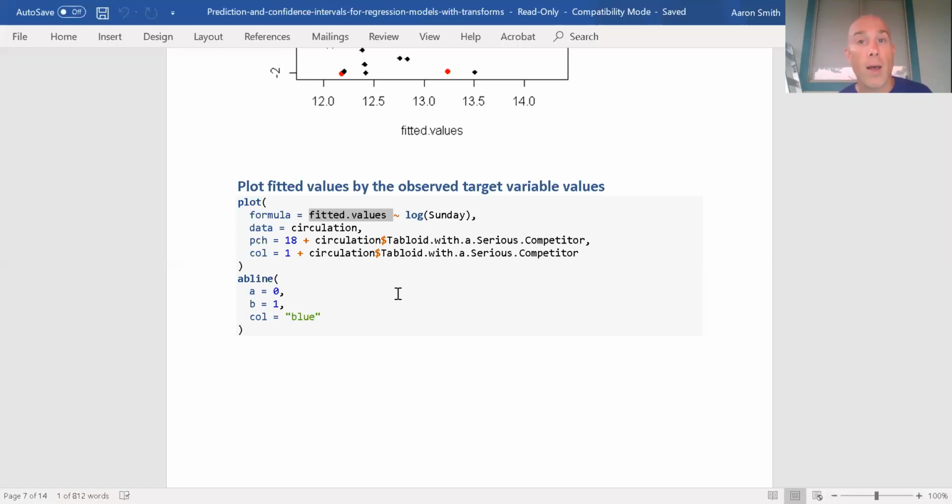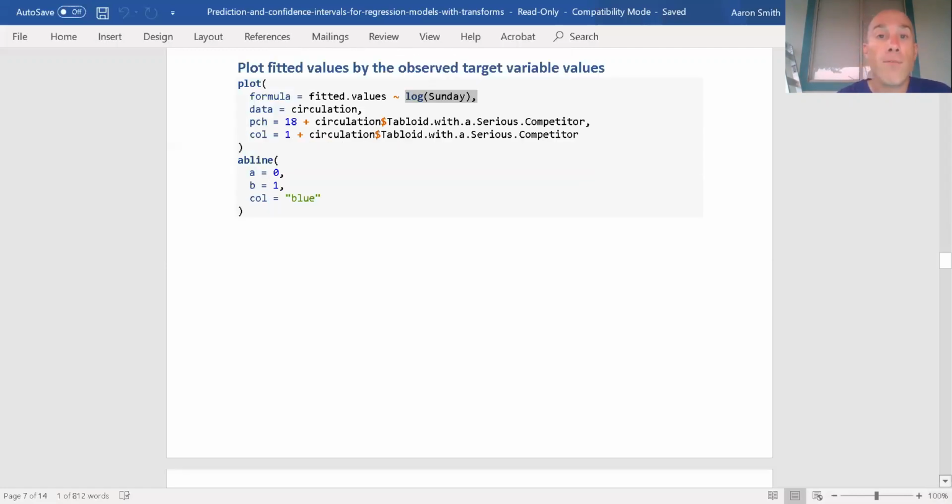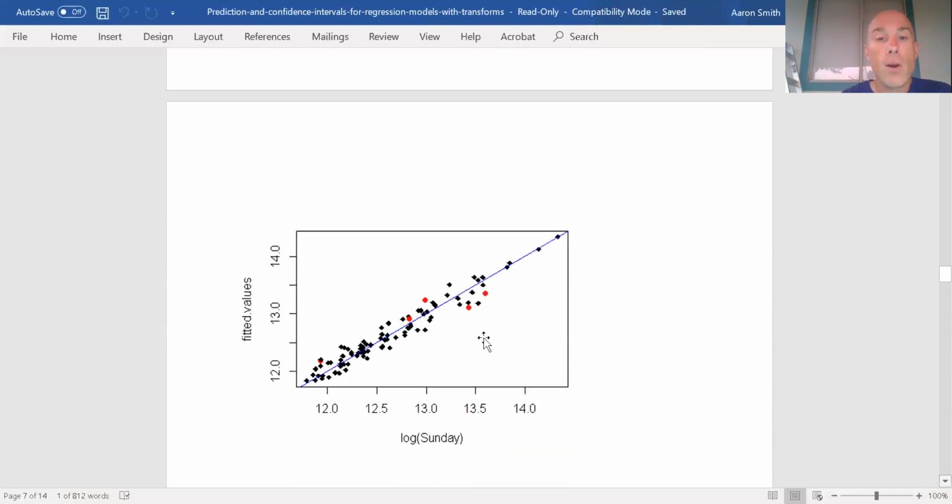And we're already looking at a lot of plots. If I want to do this in one summary method, I'll take the fitted values and plot them by the transformed version of the target variable. And if I see a good solid line, then I feel good about my model. If I don't see a solid line, that is a big red flag. All right, and yeah, I mean, it could be a little bit tighter, but it could be worse also.